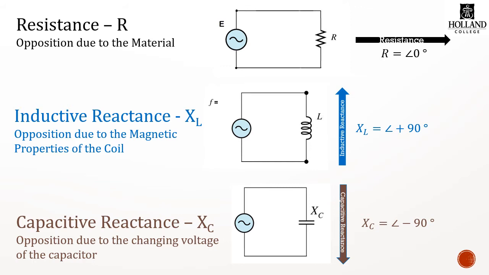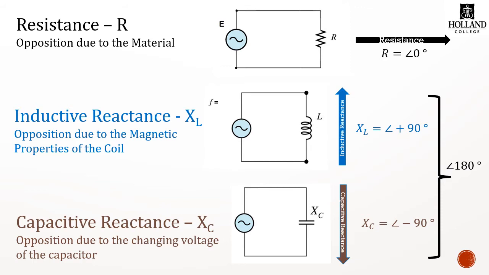We have to keep these vectors in mind when we're combining them in a circuit. When you compare your inductive reactance to our capacitive reactance, or any of our reactive values, you will notice that your inductive values are 180 degrees out of phase with your capacitive values.